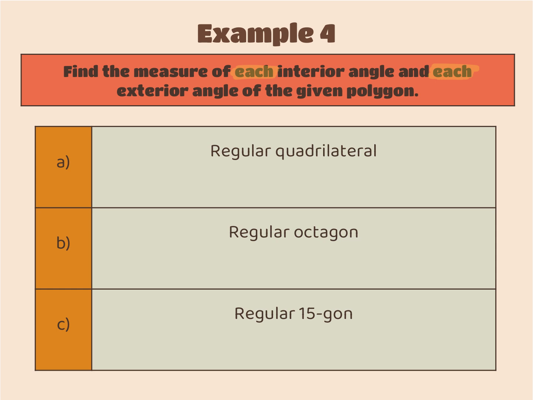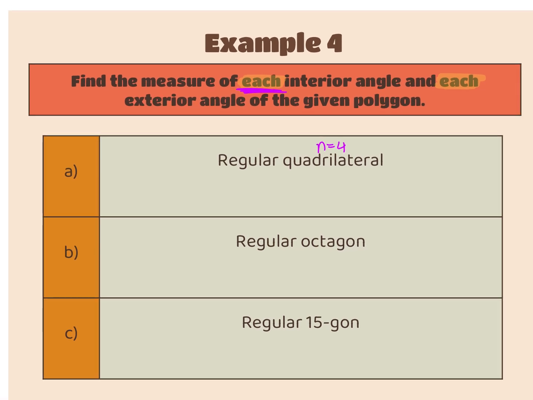So the first one is asking for a regular quadrilateral. How many sides are in a quadrilateral? 4. Okay, so n is going to equal 4. I'm going to plug that into the formula. Keep in mind it's asking for each interior angle. So I'm going to have 4 minus 2 times 180. This is when I am dividing because it wants each.